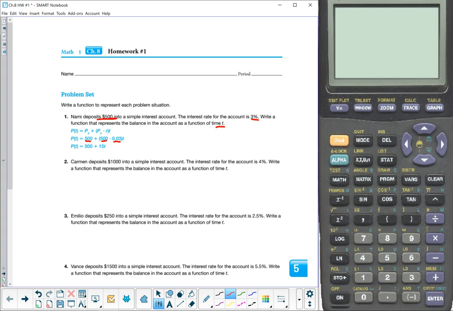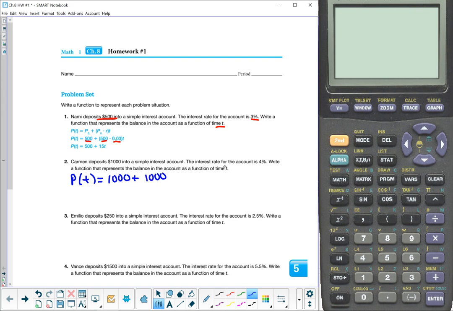All right, so number two, Carmen deposits 1000 in a simple interest account. So our P0 is going to be 1000. We're going to start off with P of t equals P0, which is 1000, so it'll be 1000 plus, and then here it'll be 1000.